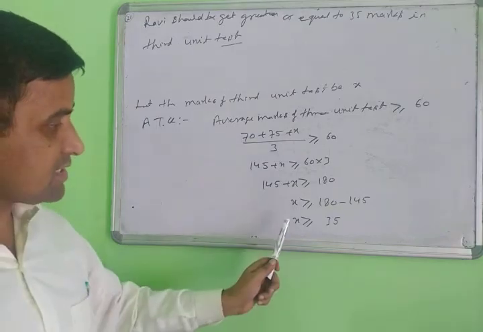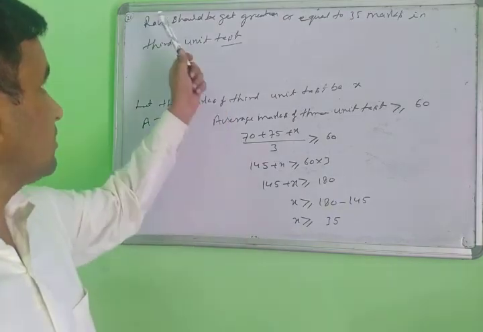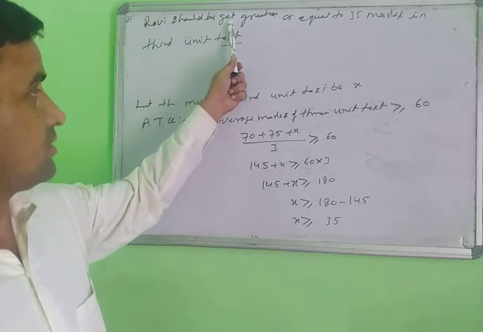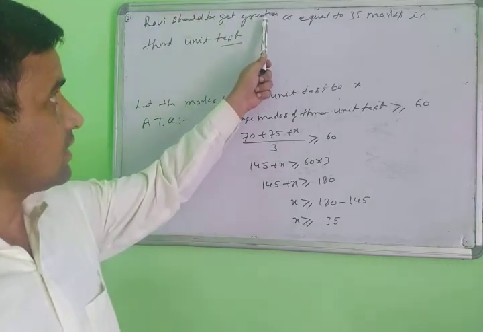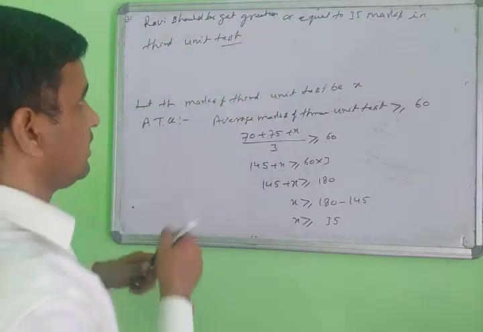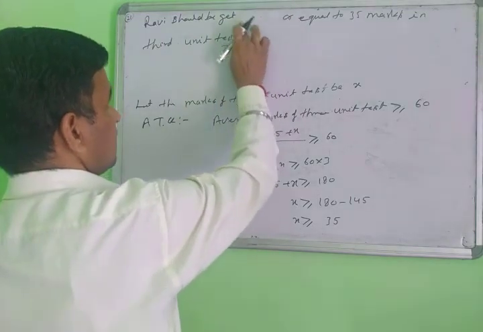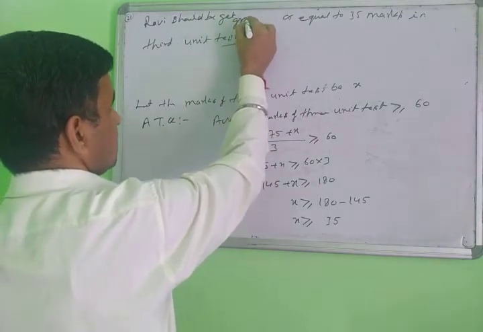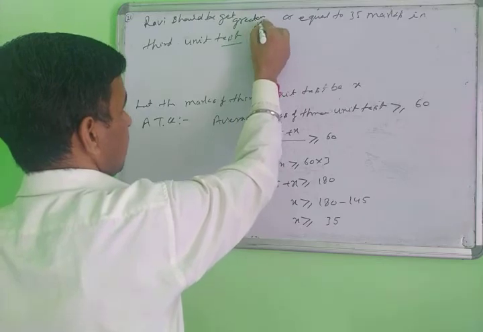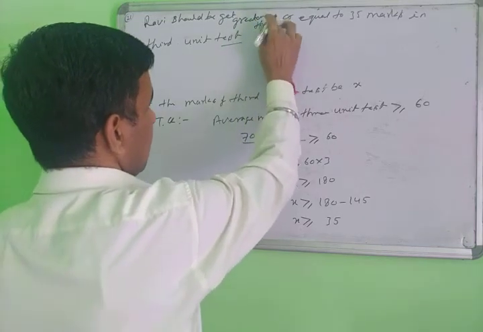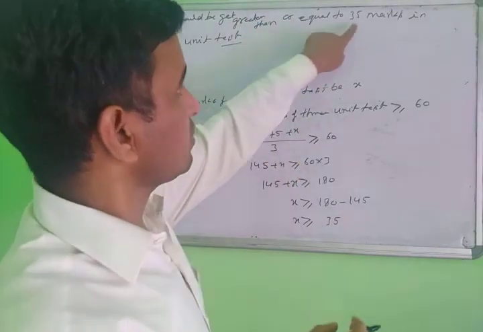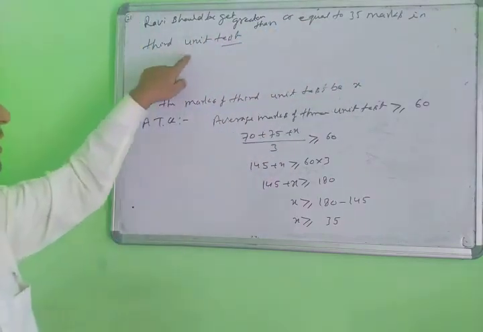What do you mean by this, greater than or equal to 35? It means Ravi should get greater than or equal to 35 marks in the third unit test.